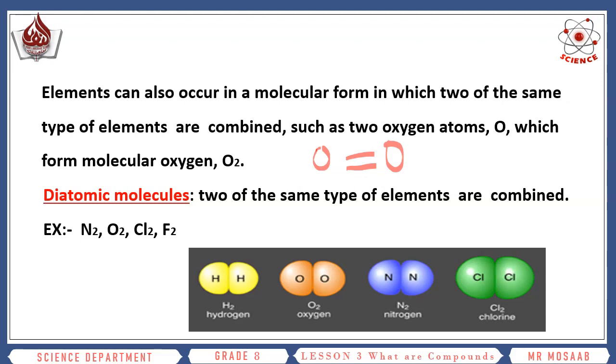Diatomic molecules are two of the same type of element combined together. Just two. Like here, as you can see, hydrogen and hydrogen combining together to form H2. Oxygen molecule, nitrogen, and chlorine. We have so many examples of diatomic molecules. Also fluorine. It is the same: two same type of elements combined together.